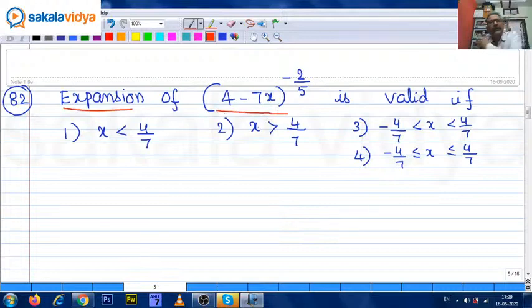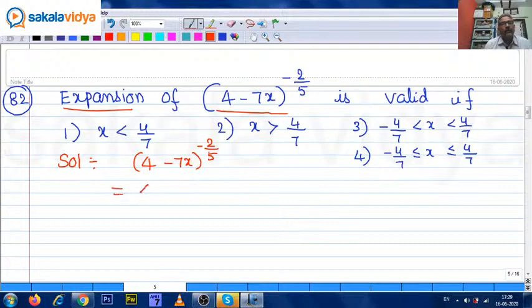That means it should be put in the form of (1 plus x) whole to the power of n, then mod x is less than 1. So here see, this (4 minus 7x) raised to minus 2 by 5. Minus 2 by 5 is the rational index. Take actually here 4 common.